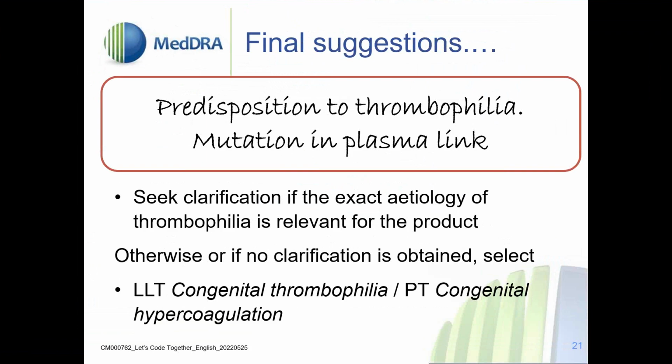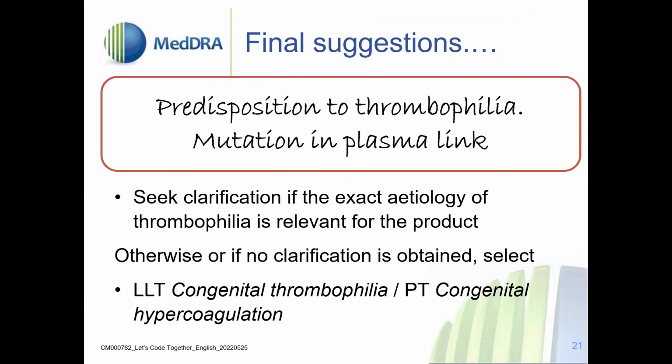Our final suggestion is to seek clarification if the exact etiology of thrombophilia is relevant for the product. Otherwise, or if no clarification is obtained, we would suggest going to LLT congenital thrombophilia under PT congenital hypercoagulation. Because there is a mutation in the plasma link, it's definitely a genetic disorder.